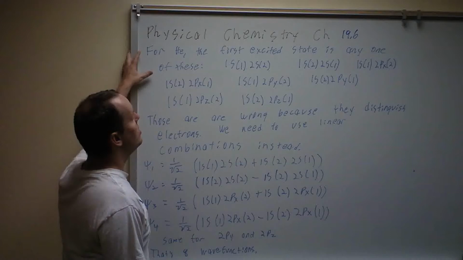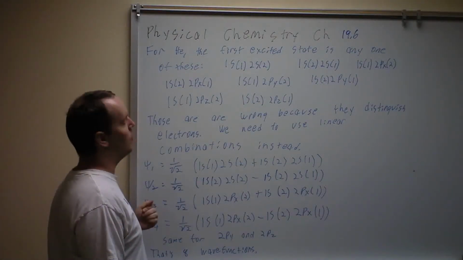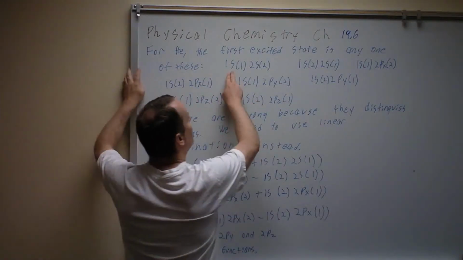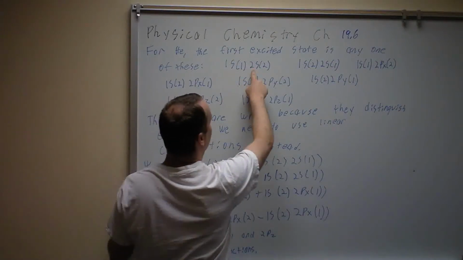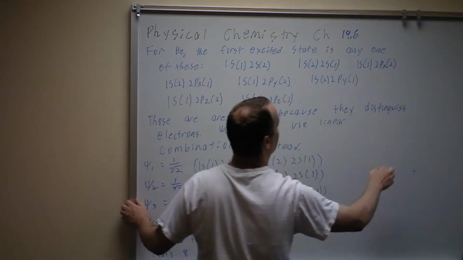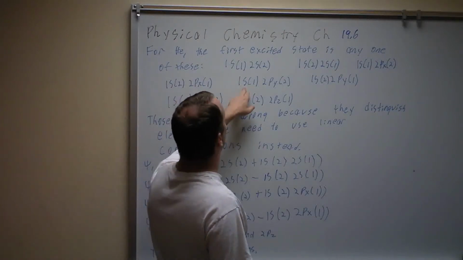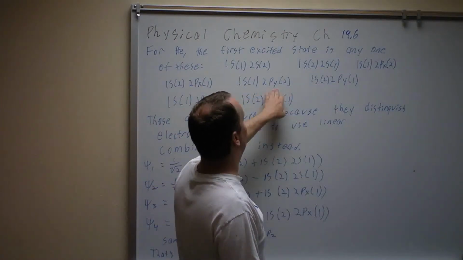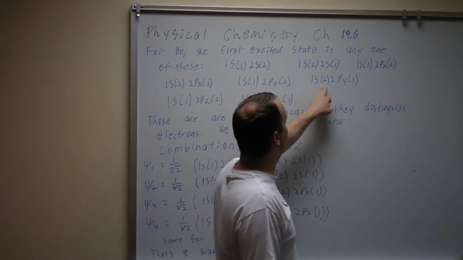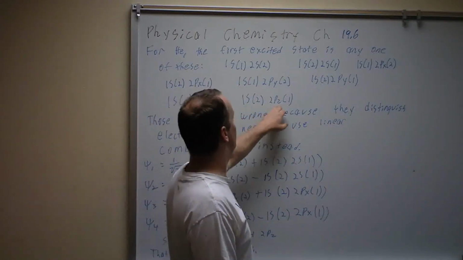Continuing on physical chemistry, chapter 19.6. So remember, we just showed the ground state of helium, but what about the first excited state? Now you might think you could just increase the 1 to a 2, like 1s1, 2s2, or 1s2, 2s1, or 1s2, 2px2, a p shell instead of an s shell, or 1s2, 2px1, or 1s1, 2py, or 1s2, 2py1, or 1s2, 2pz2, or 1s2, 2pz1.